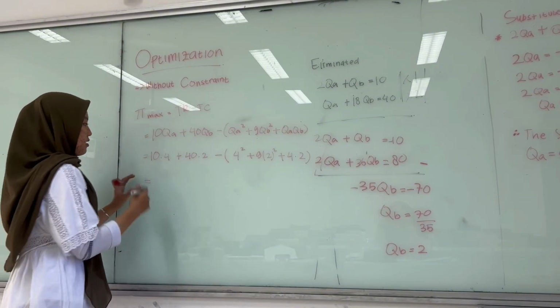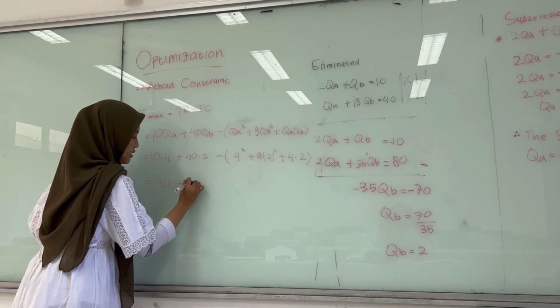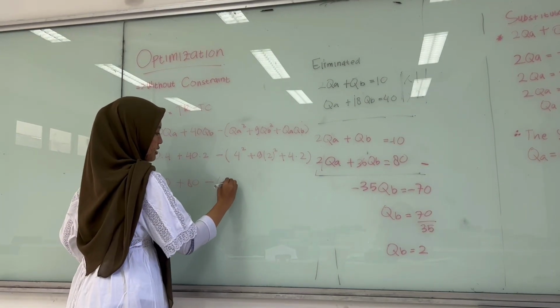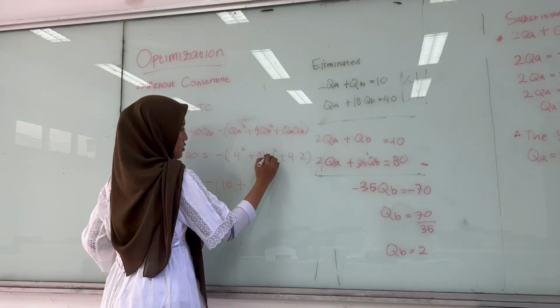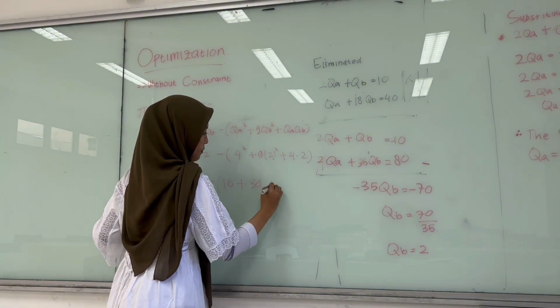Okay, so we find that 40 plus 80 minus 16 plus 2 squared times 9 is 36 plus 8.